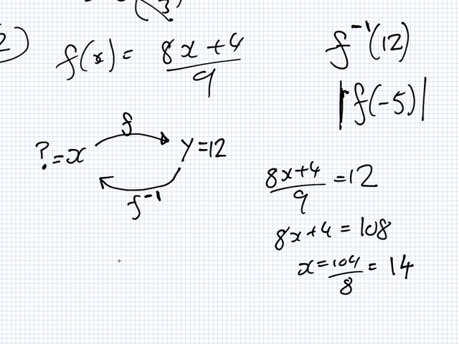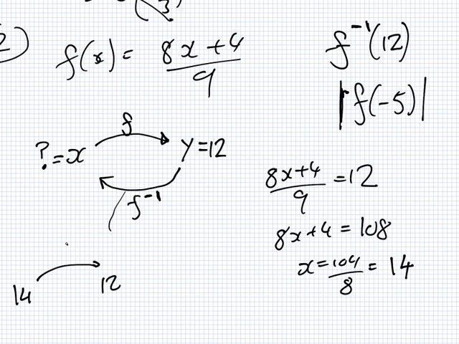So we can test this out. If I start with 13, 8 times 13 is 104. 104 plus 4 is 108. 108 divided by 9 is 12.